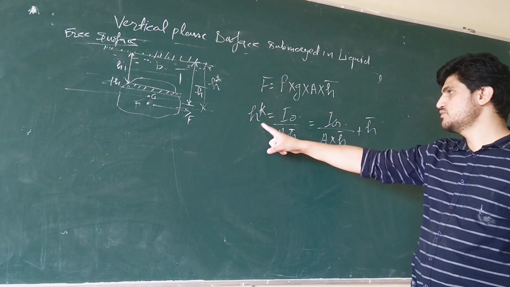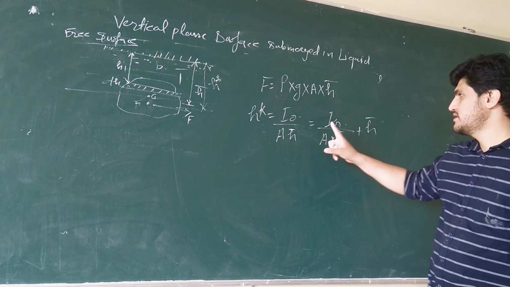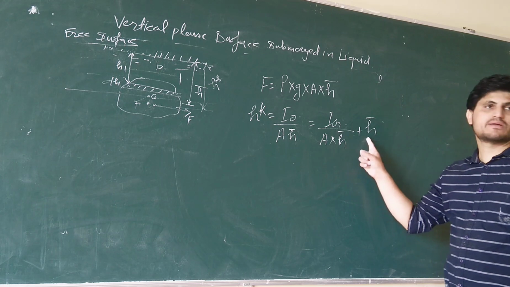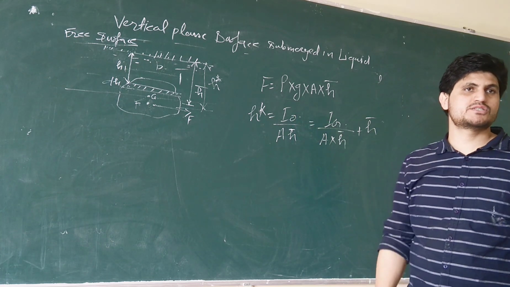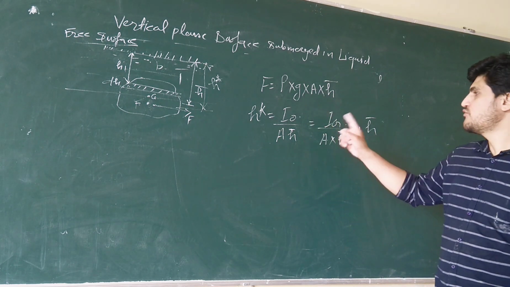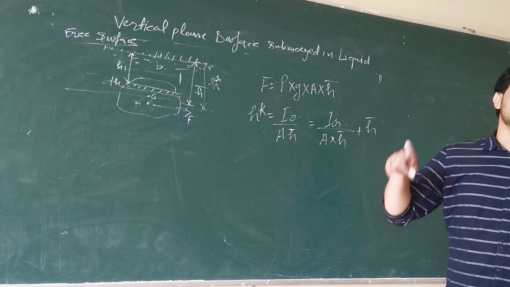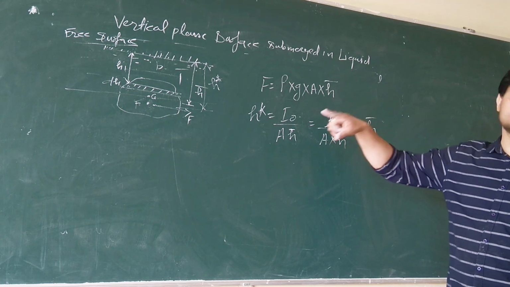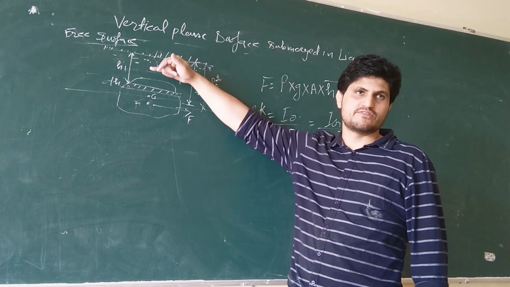It is equal to I naught upon A into h bar, or Ig upon A into h bar plus h bar. What is Ig? Ig is the moment of inertia about the centroidal axis. And what is I naught? I naught is the moment of inertia about the axis which is parallel to the centroidal axis, that is the free surface of the liquid.